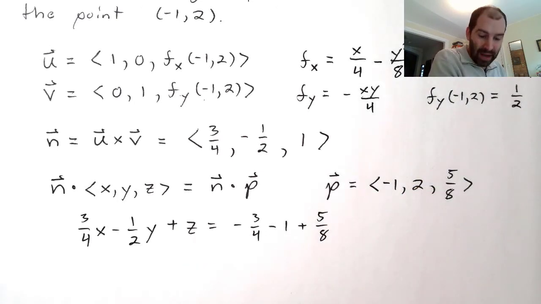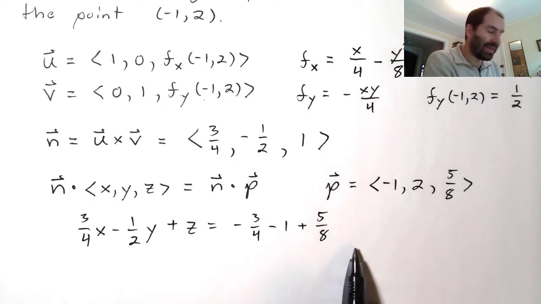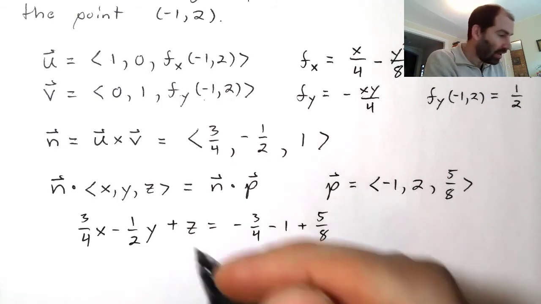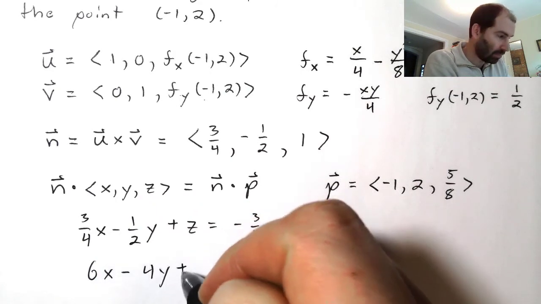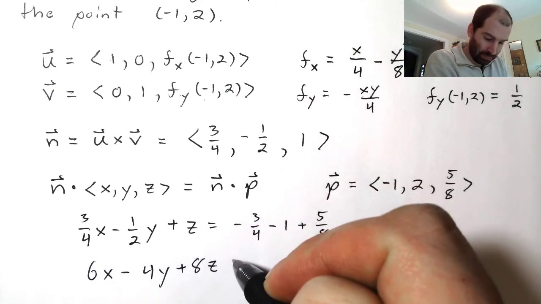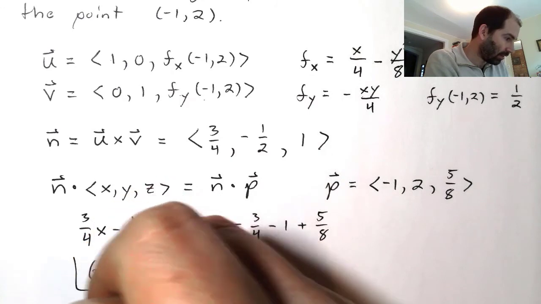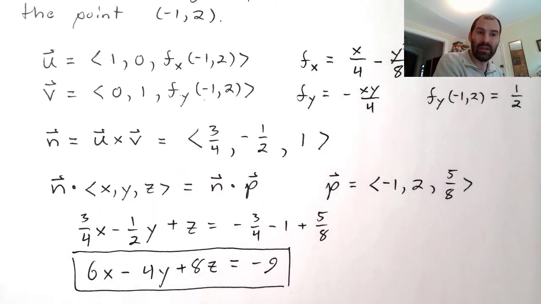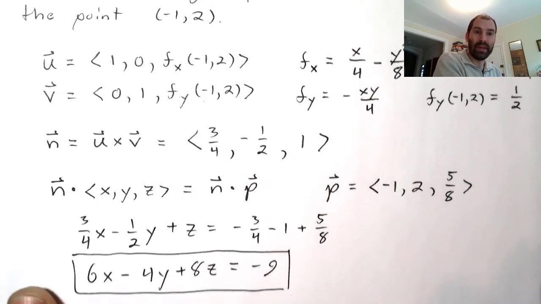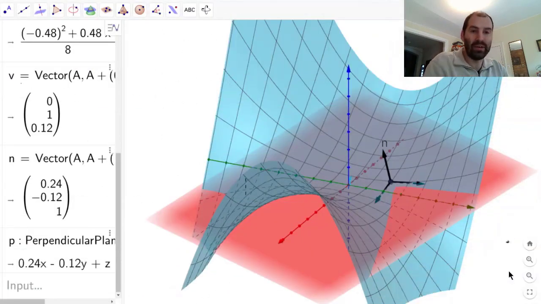Simplifying and clearing denominators, just multiply through by 8 and simplify everything, you will get this. And so that's a really nice way to write down the equation of the plane. That's the plane that we are seeing right here.